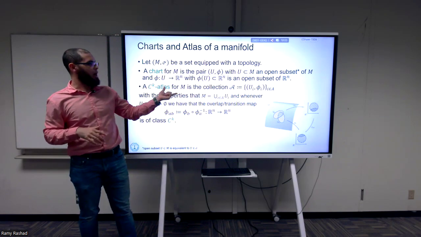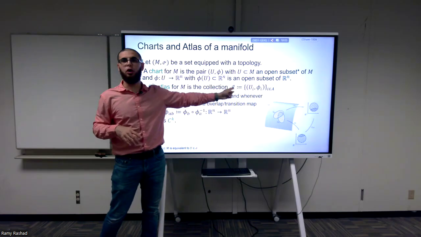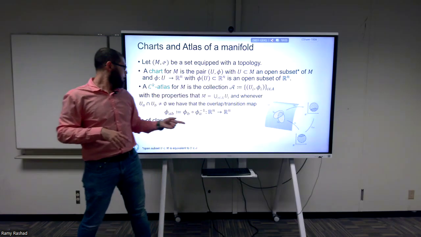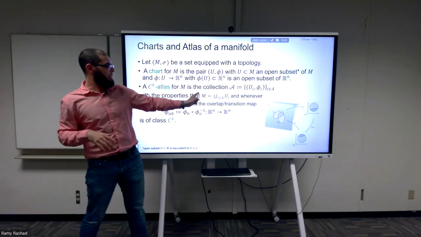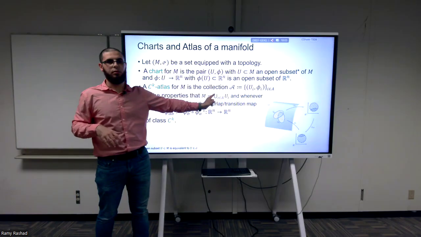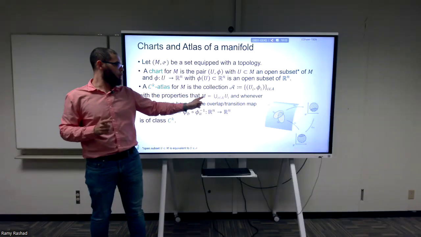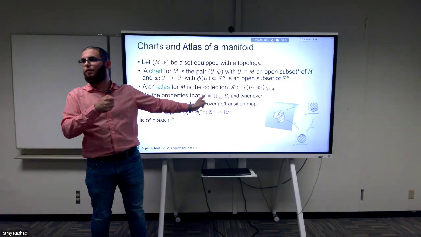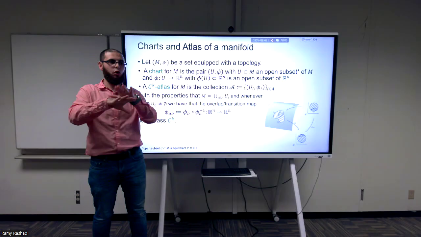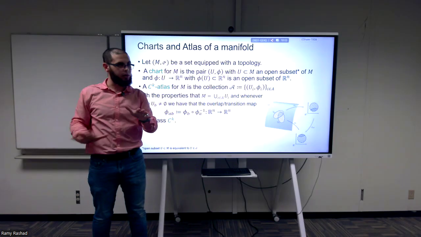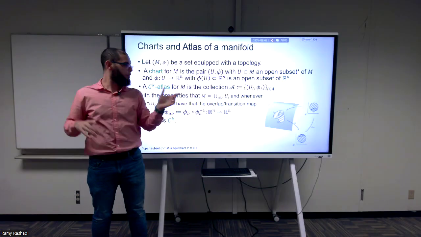A CK atlas for M is the collection of all of these charts with the property that when you take the union of all of these subsets, you recover the manifold M. In other words, all of the charts cover all regions on the manifold.